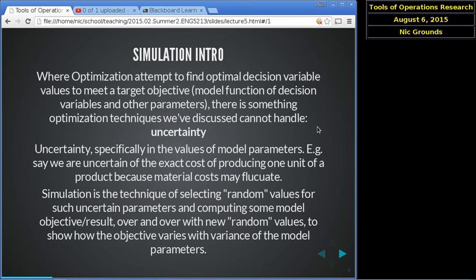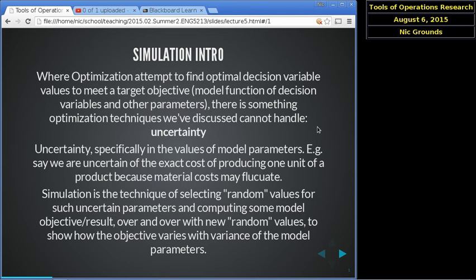We're just going to do that over and over and over, okay, until we've effectively picked lots of random values that we think are very representative of all possible values that parameter could be. Okay? What that will give us then is effectively a range of values for the objective or the result.